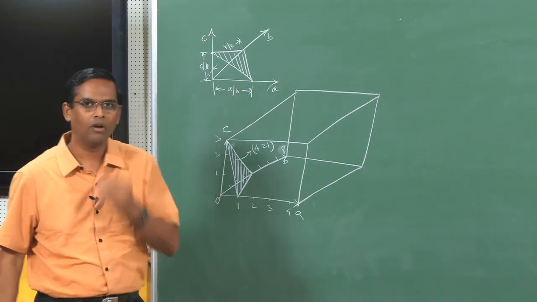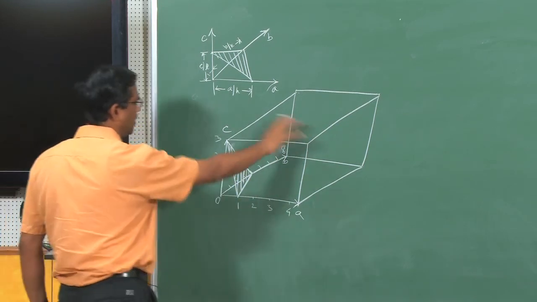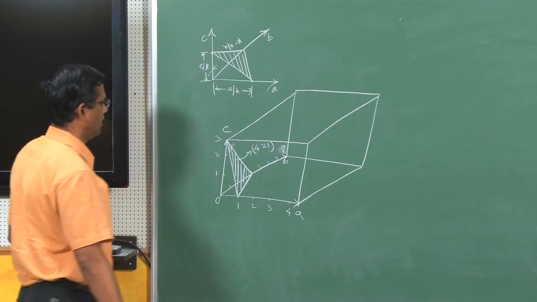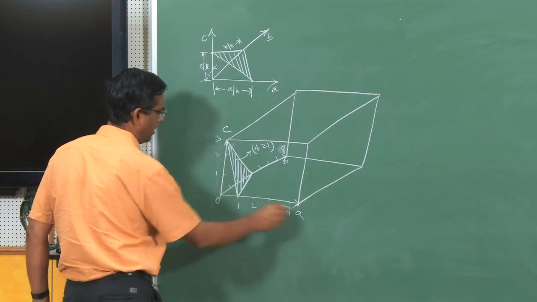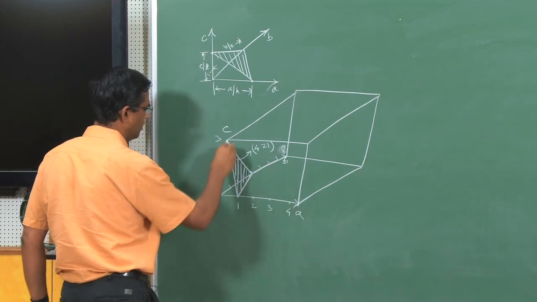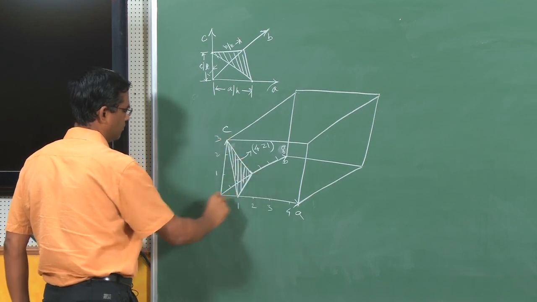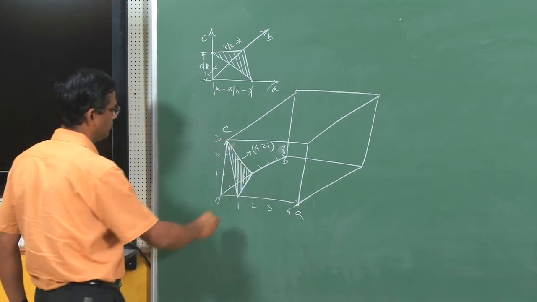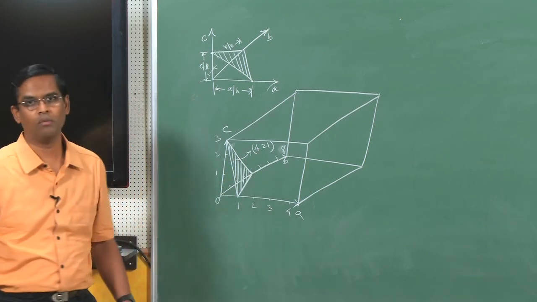I have taken again an arbitrary unit cell where you have the reference axes A, B and C. I have drawn a plane. You can see that this plane is identified as a 4 2 1 plane.